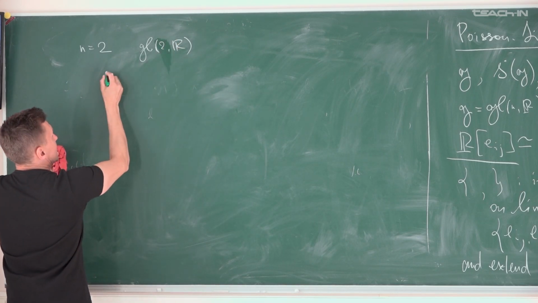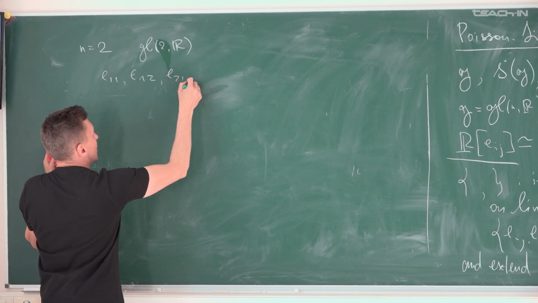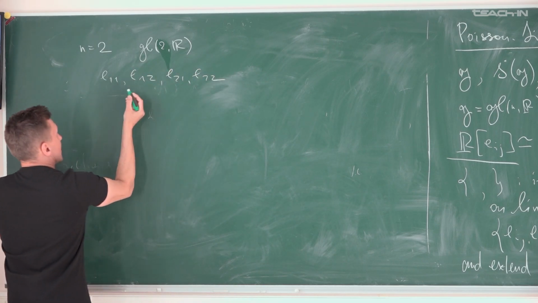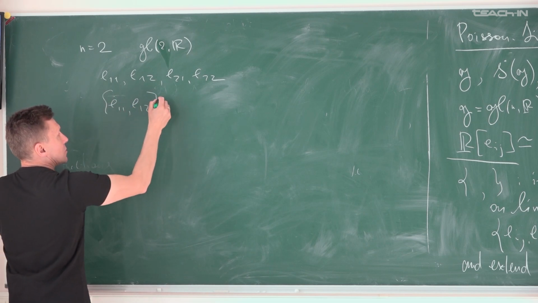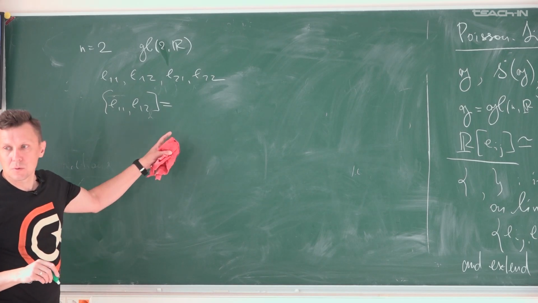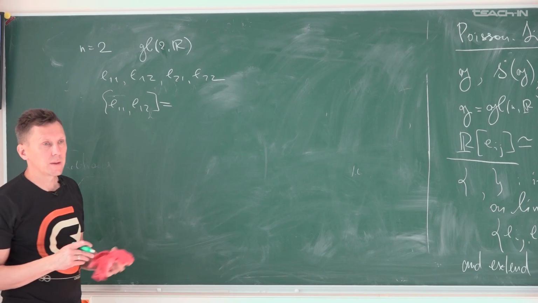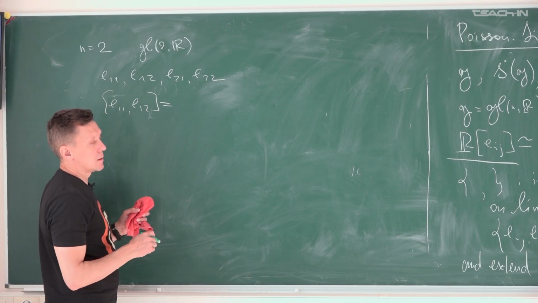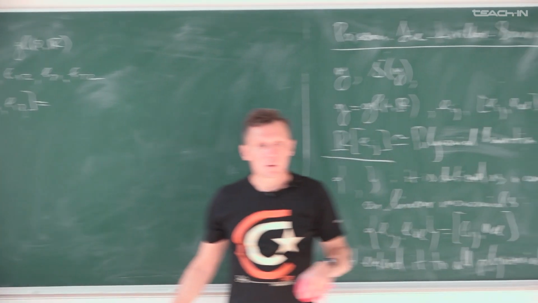There are 4 generators: E_11, E_12, E_21, E_22. E_11 with E_12. So there would be a structure constant, and the constant will be just this commutator.